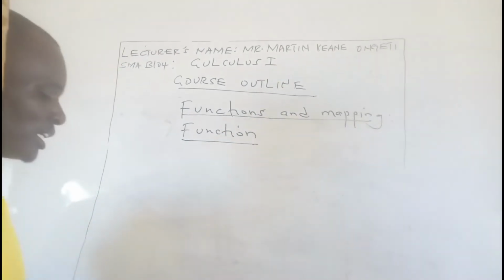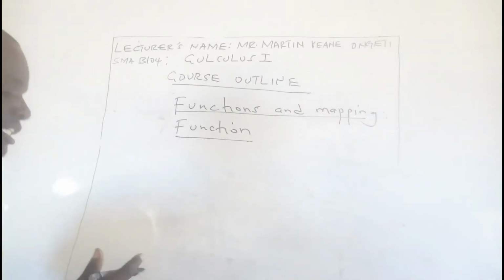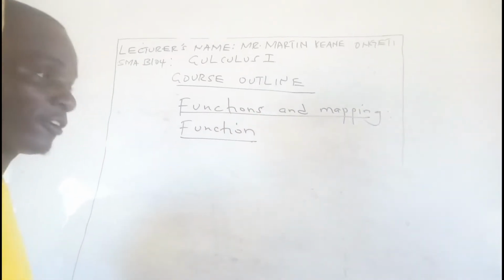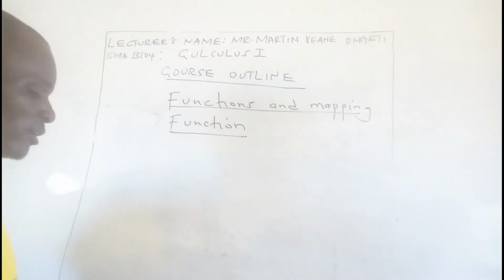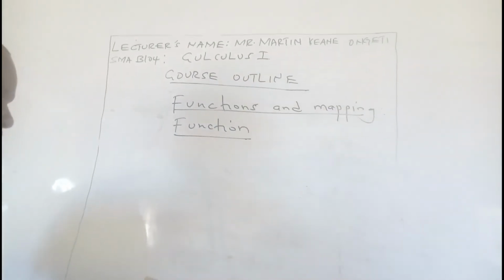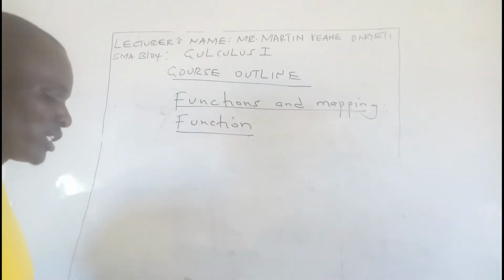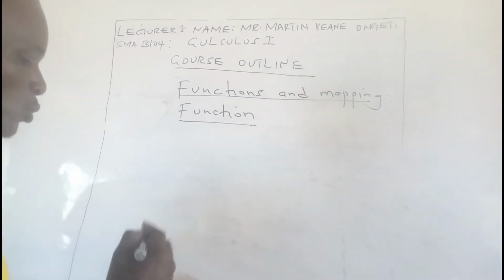A function is a process or a relation that associates each element x of a set X, which is the domain of the function, to a single element y of another set Y, which we refer to as the codomain. What do I mean?